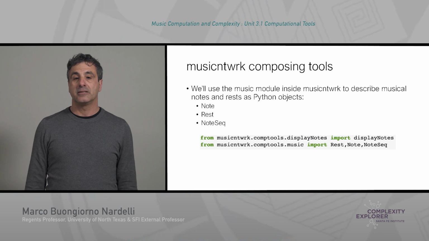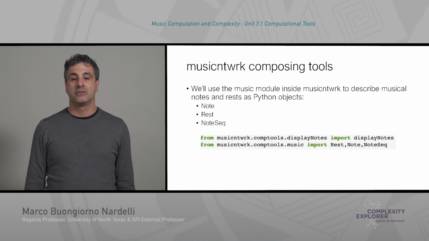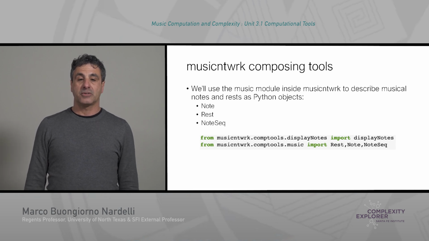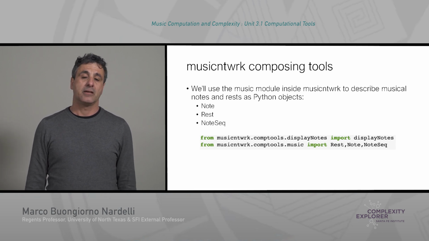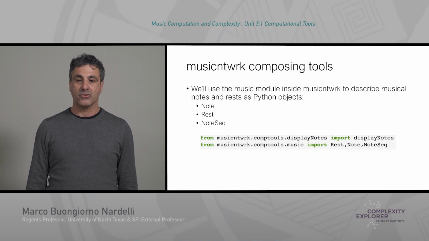Basically these are 3 main objects. They are called Note, Rest, and NoteSeq, and they can be imported in your notebooks using these commands that you see on the screen.